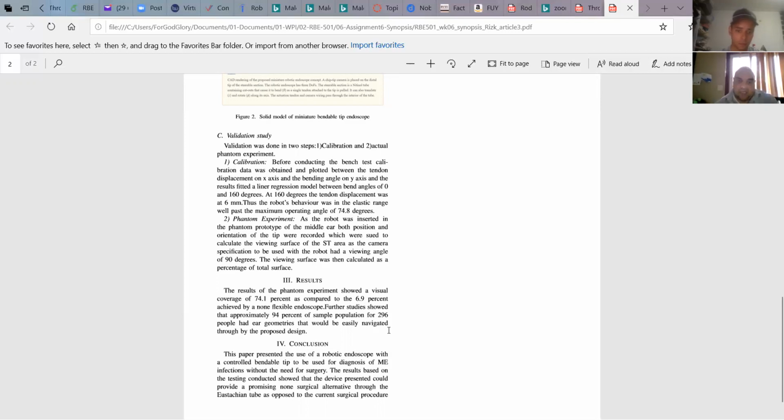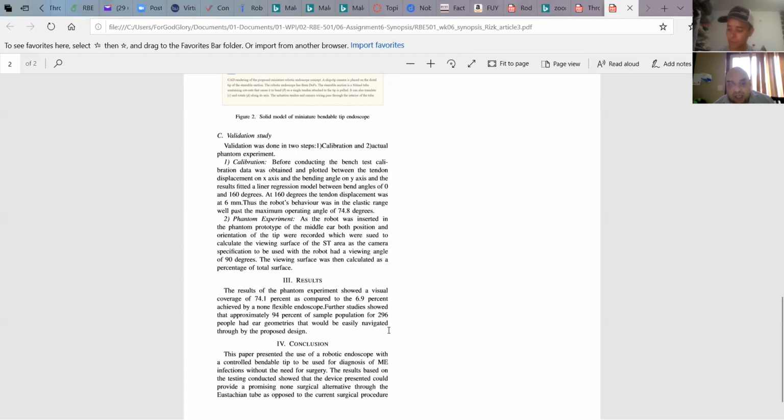So basically, the design seems, from an initial perspective, successful. The paper presented the use of a robotic endoscope that is bendable, and it has the ability to go to the required area of the middle ear without any surgery and offer good visualization to the doctor.